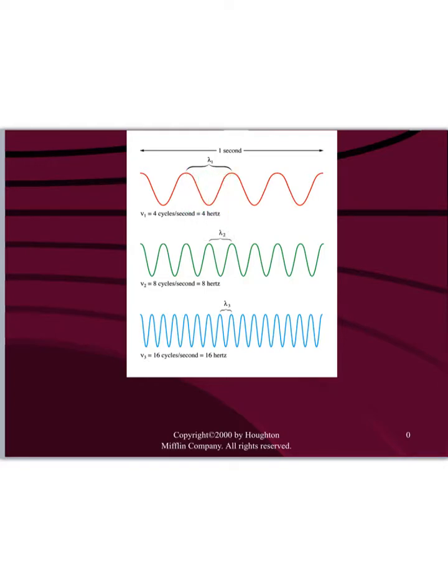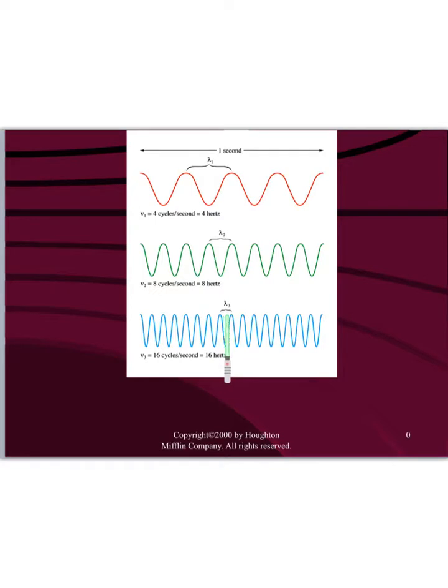Notice we have a red, a green, and a blue wave, and these are representing light. Like a red light, a green light, and a blue light. You can see that some of them have a longer wavelength. The red one has longer waves, the green one is kind of in the middle, and then look at the blue one.